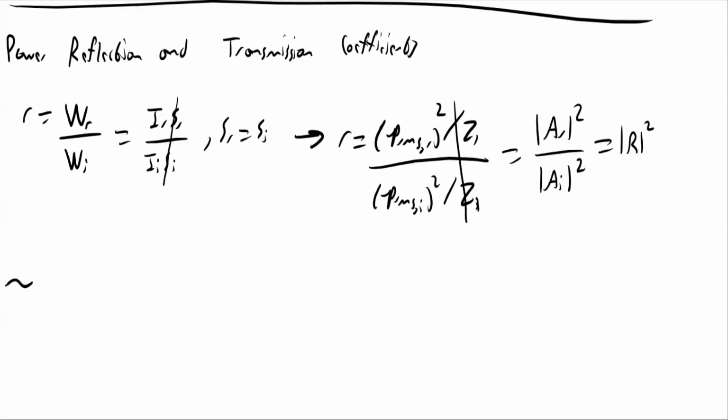Similarly, we'll define the power transmission coefficient as WT over WI, the power of the transmitted wave divided by the power of the incident wave, which is going to be, once again, IT ST over II SI. But now SI and ST are not equal.